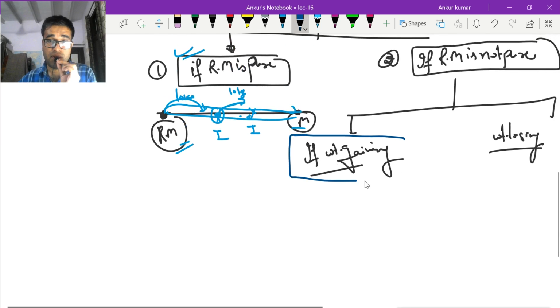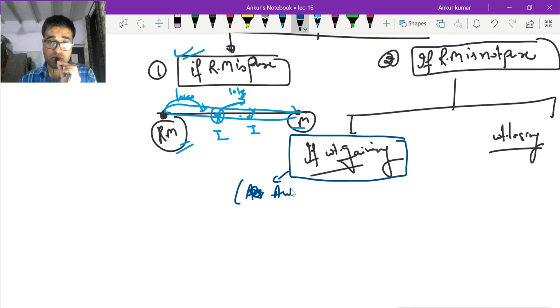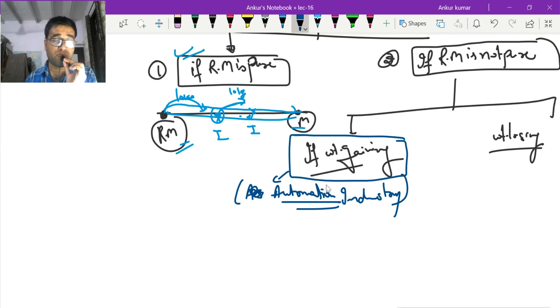See, in weight gaining, let us take the example of the assembly or automobile industry. What happens in the automobile industry? It is a weight gaining industry. There will be a lot of parts which will be assembled in a car, and a car will become bulkier than transporting individual tires, springs, and many other subcomponents. That means it is weight gaining.